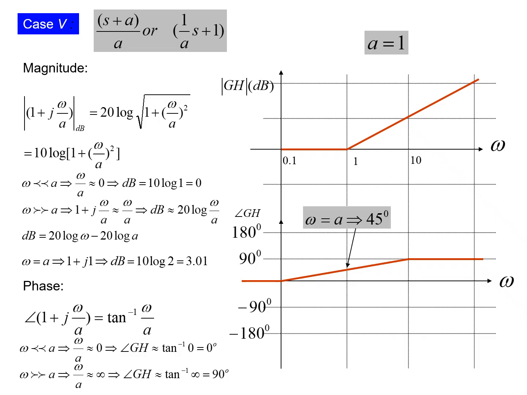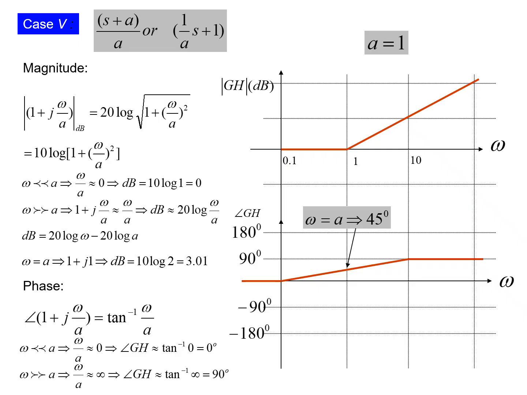And then for omega less than a, omega per a is approximately 0, dB equal to 10 log 1, it is equal to 0.